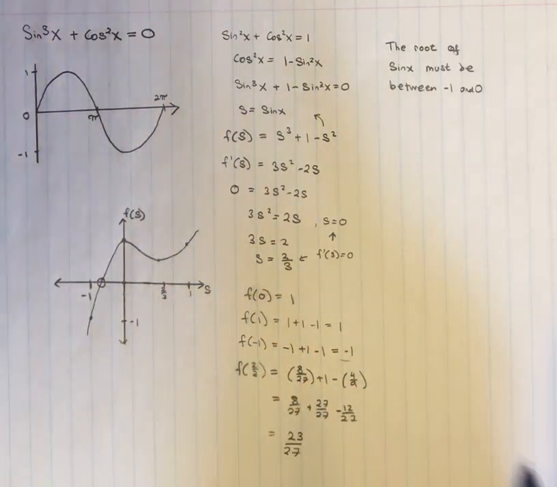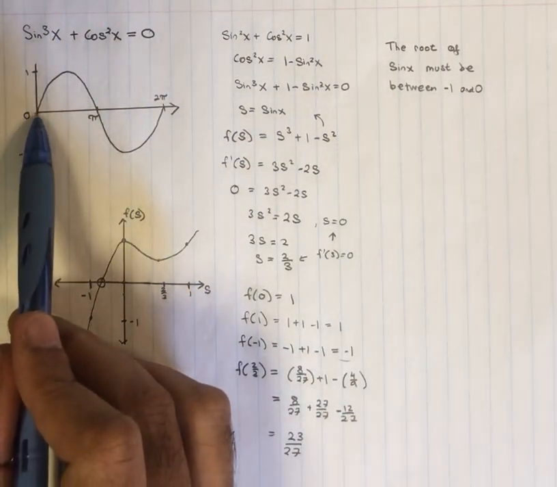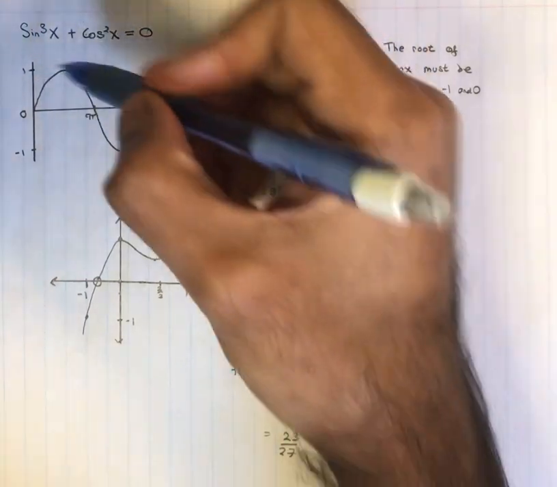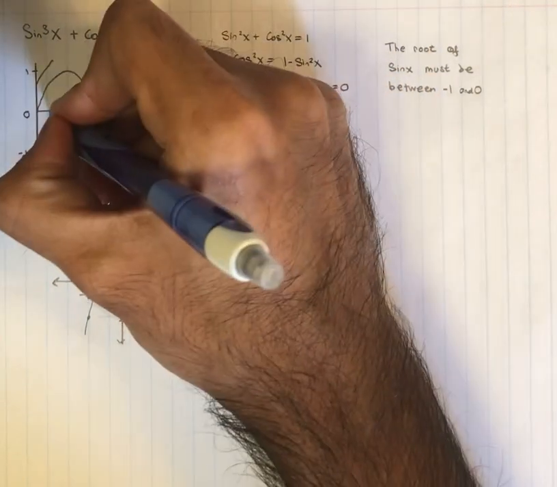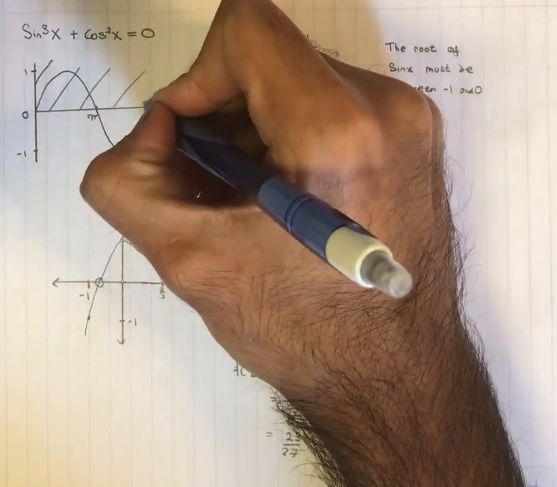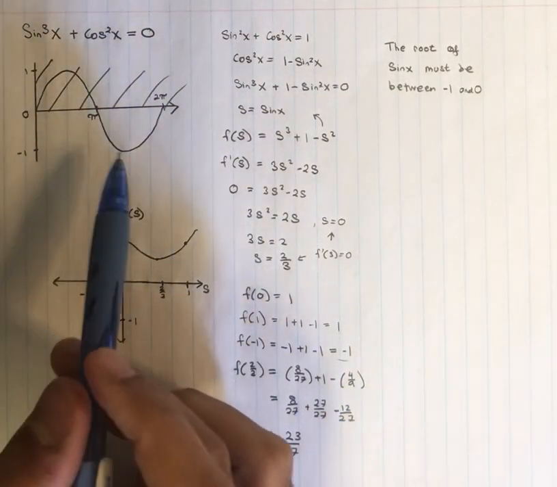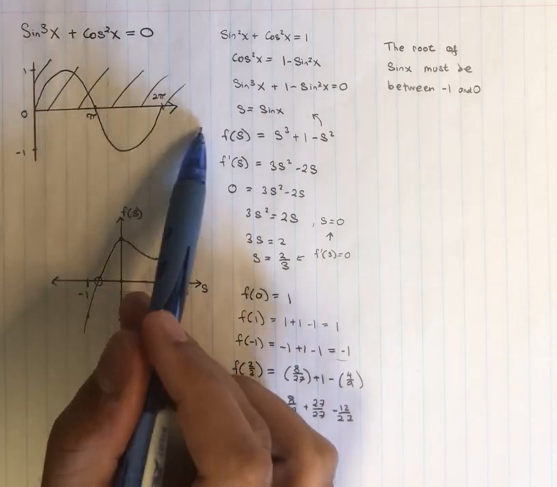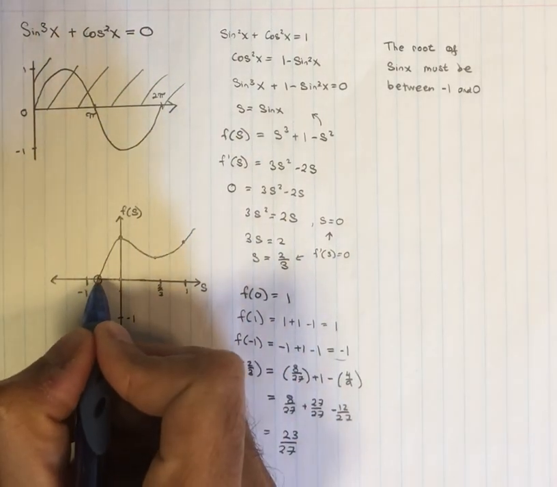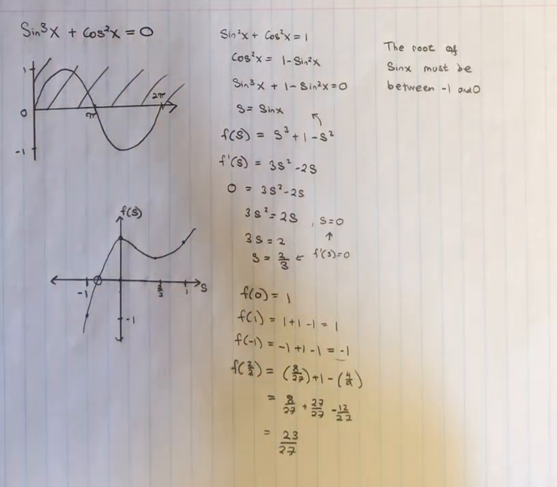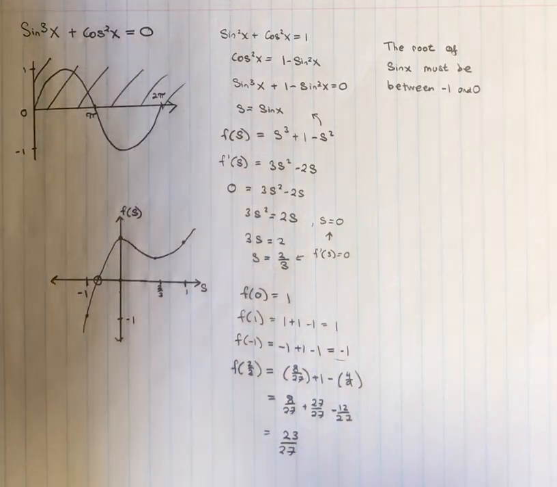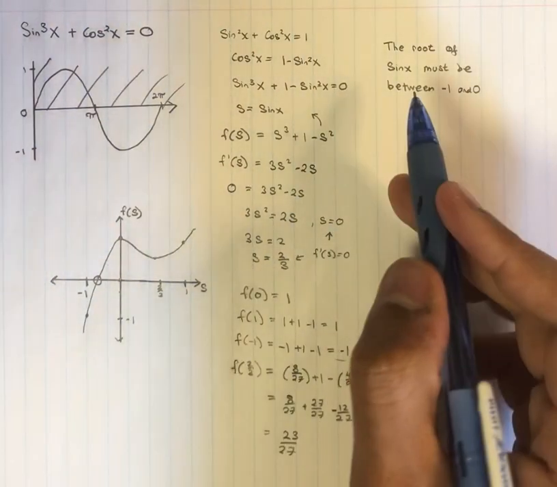When we look at our graph of sine x, we're only considering between -1 and 0, so we just ignore this part. So this is a root and it has a specific value. We're looking for one single number between 0 and -1.